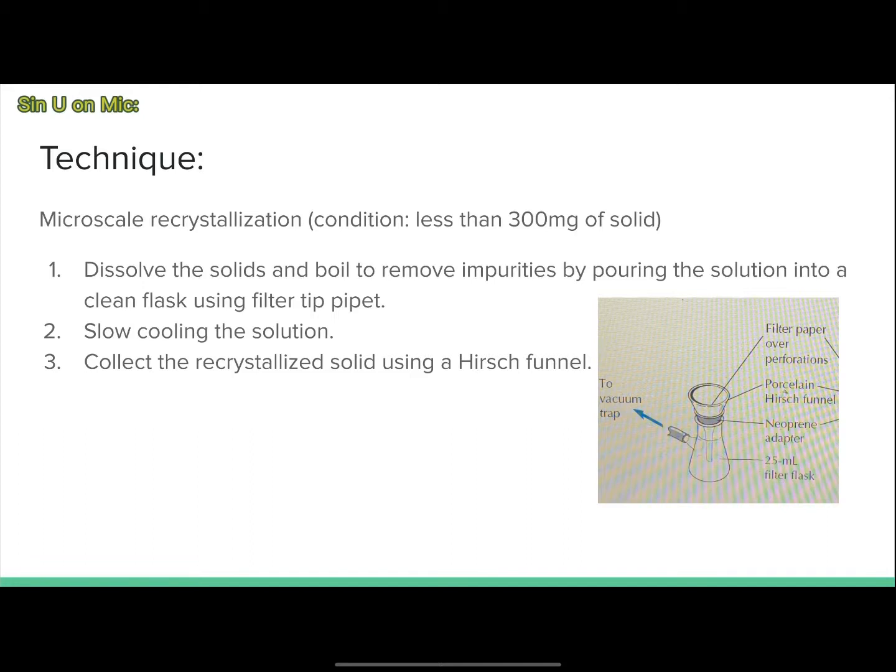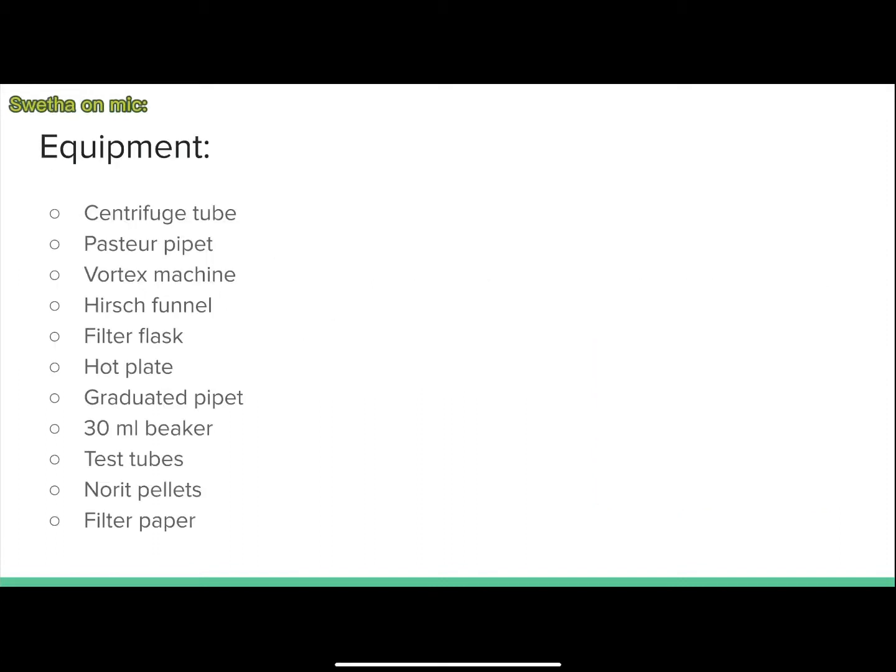Then, slowly cool the solution. Collect the recrystallized solid using a Hirsch funnel. The equipment needed for this procedure: centrifuge tube, Pasteur pipette, vortex machine, Hirsch funnel, filter flask, hot plate, graduated pipette, 30 milliliter beaker, test tubes, Norit pellets, and filter paper.